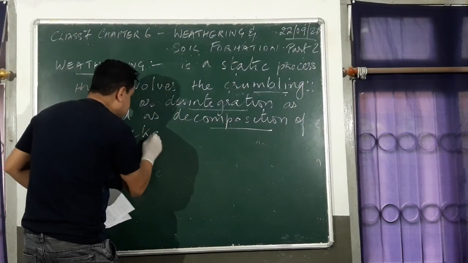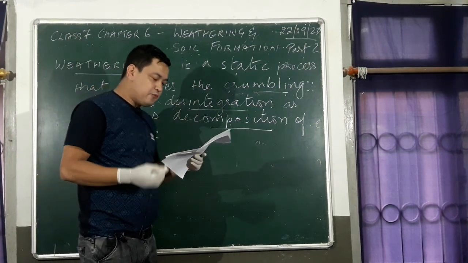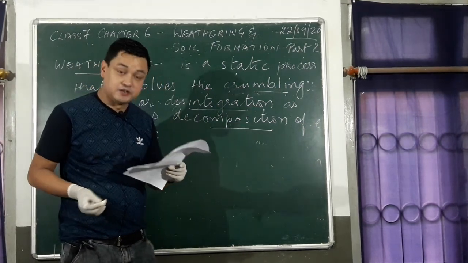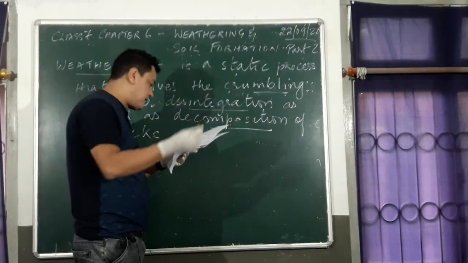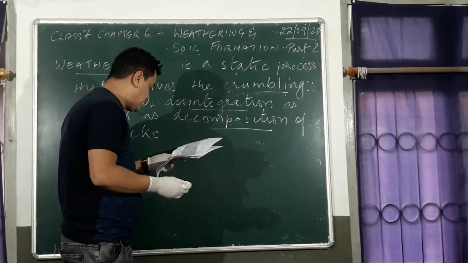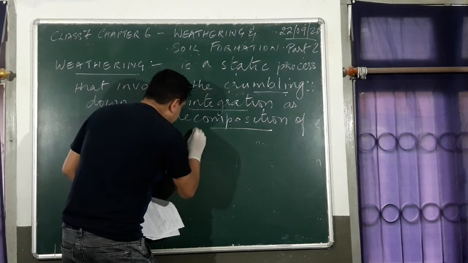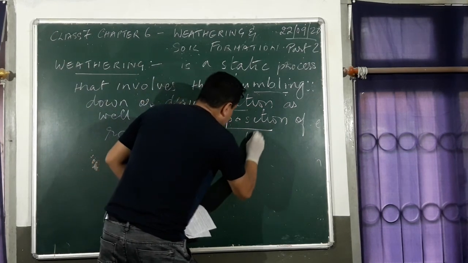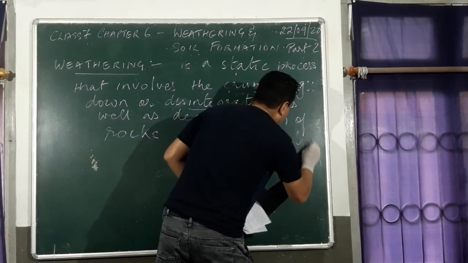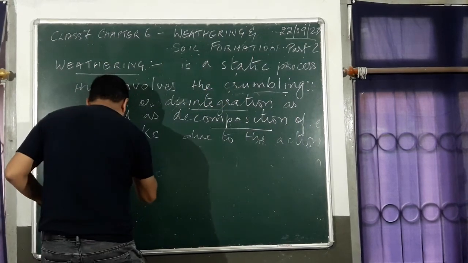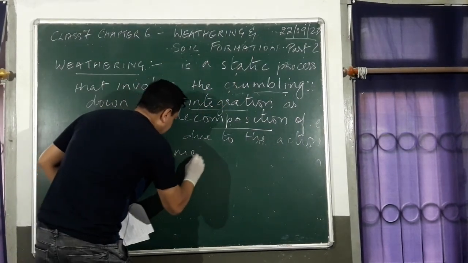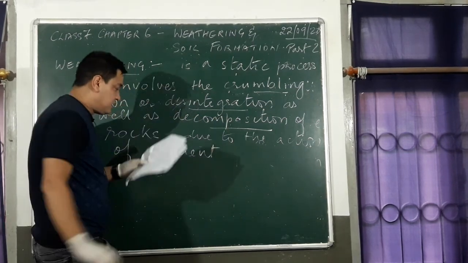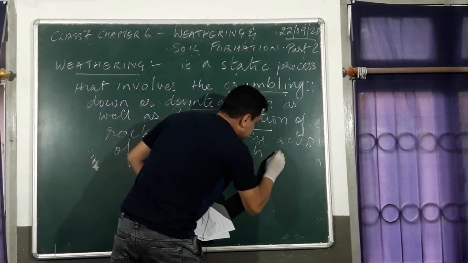So it is basically breaking the rocks. And which things are breaking the rocks? Basically, the mass of the rocks, the outer covering of the rocks, due to the action of different elements, but I am writing only some elements here, such as rain.